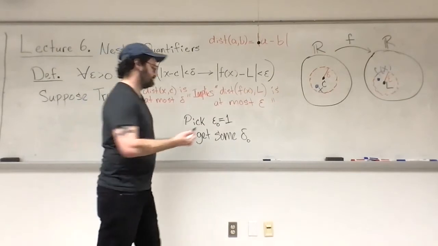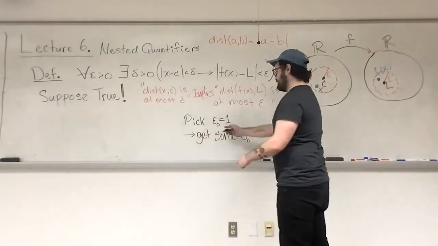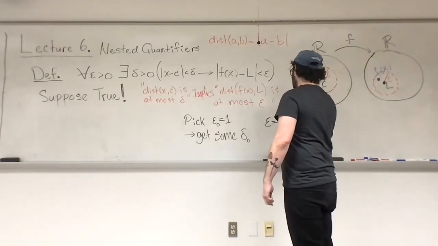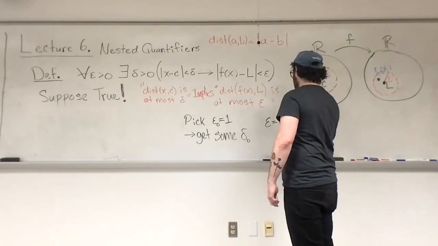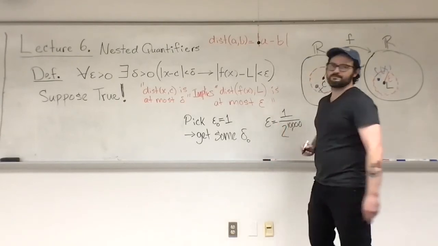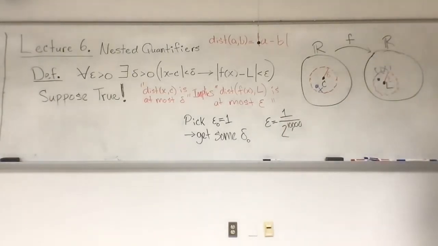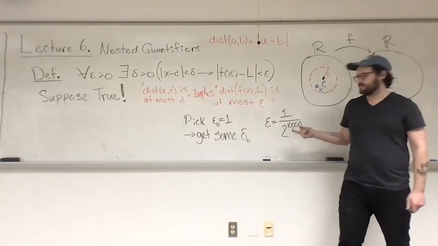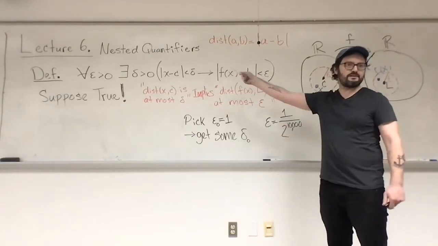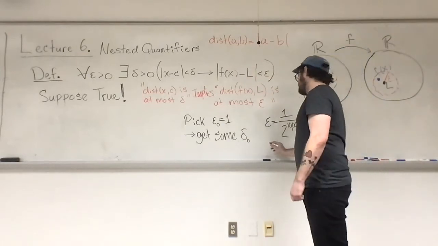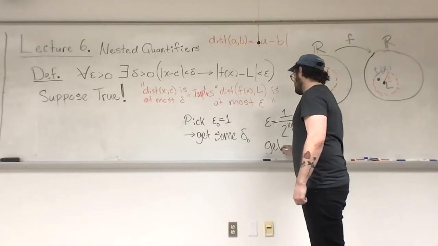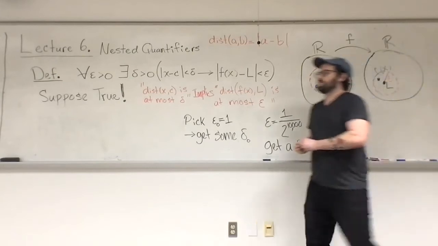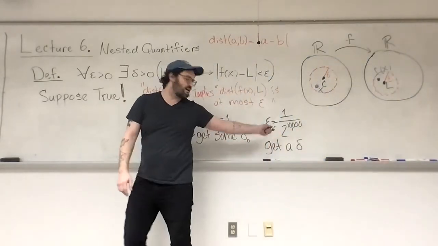What about if we say epsilon equal to 1 over 2 to the power 10,000? Some incredibly small number. That's tiny. It's basically nothing, right? But again, if that's true, if this is a tautology, we get some delta. Because this has to be true for any epsilon we pick, even that tiny one.